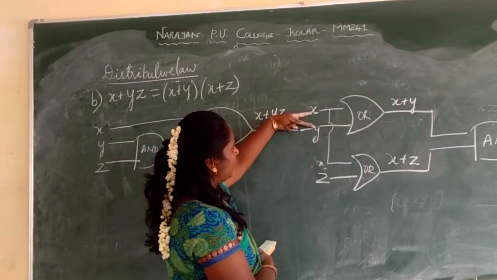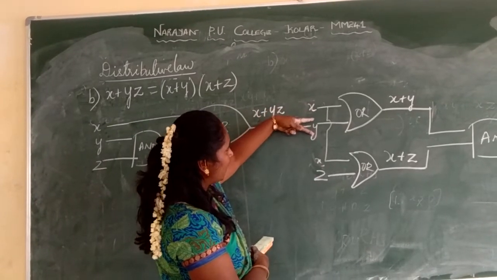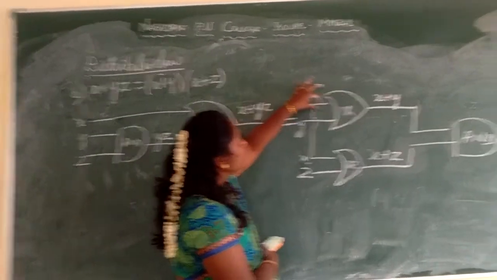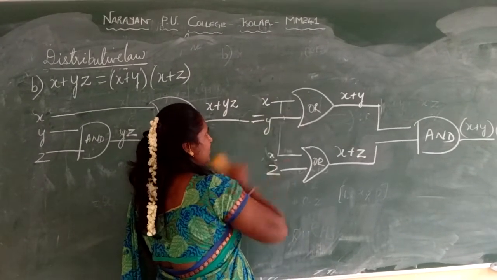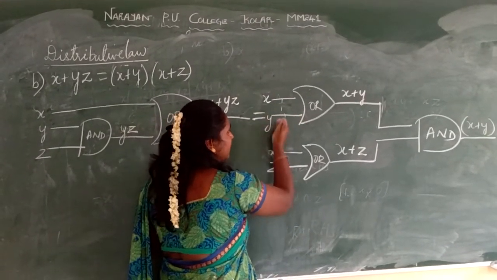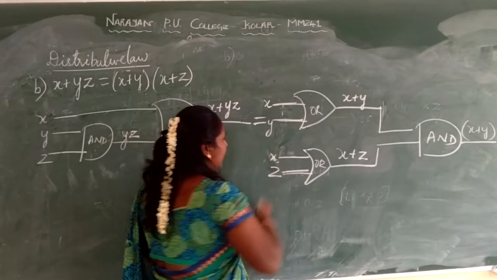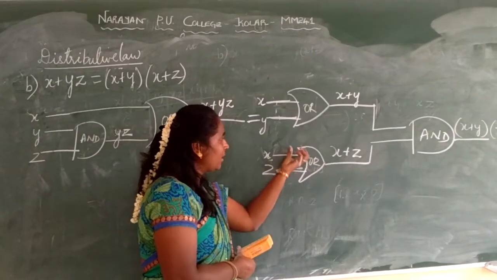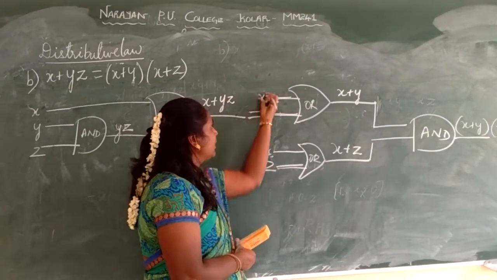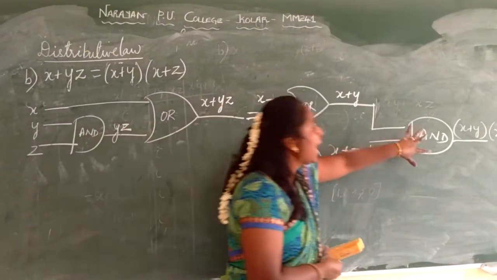So here x plus y: from x, y, z we make x, y and use one OR gate. Otherwise you can separately represent x plus z using an OR gate. I am adding x plus z and x plus y, and these two should be combined using an AND gate.